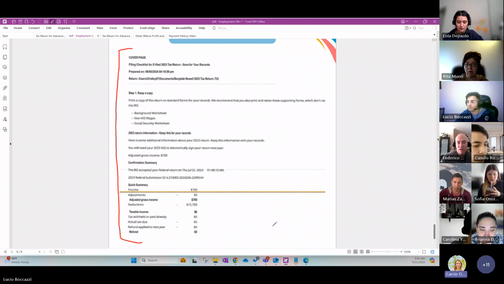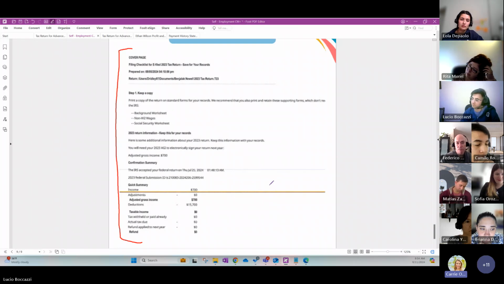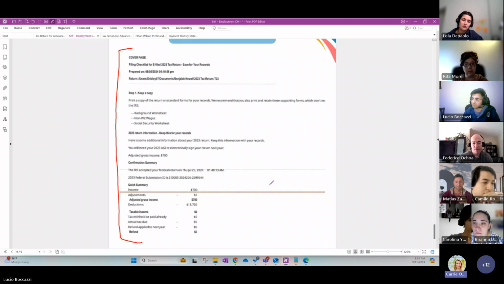And the hard thing with this proof of transmission, and like Sophie said, this is something new. HOTMA now requires this, and to be honest, I'm not sure why we never required it before, because like I said, tax returns could just be typed online. The hard thing about the proof of transmission is it's going to look different from one applicant to the next, depending on what platform they used to submit their tax return.